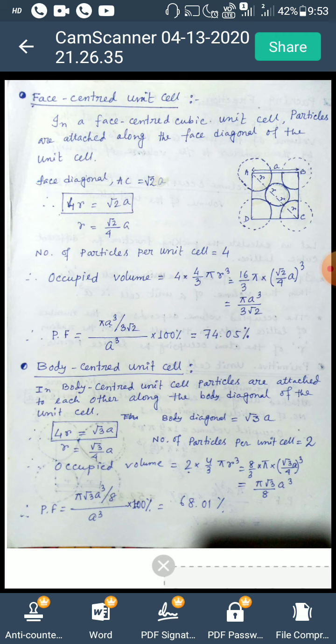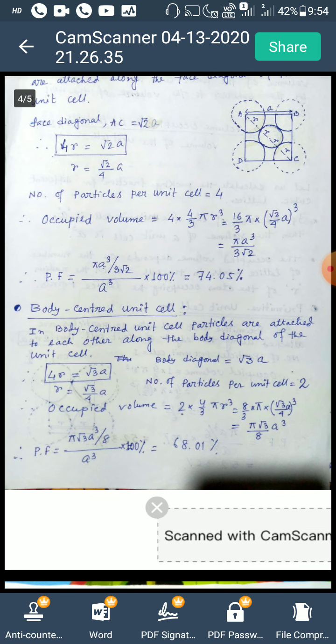According to the unit cell, if the edge length is a, the body diagonal will be root 3a. So 4r equals root 3a, then r is equal to root 3 by 4 into a. And the number of particles per unit cell in a body-centered cubic unit cell is 2.